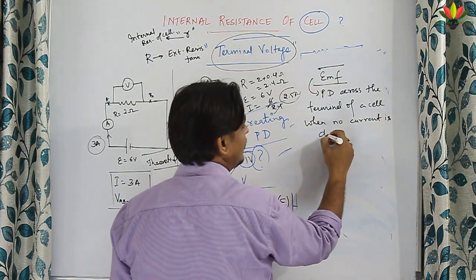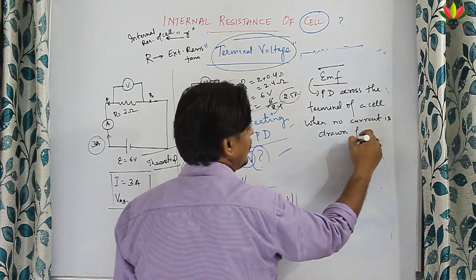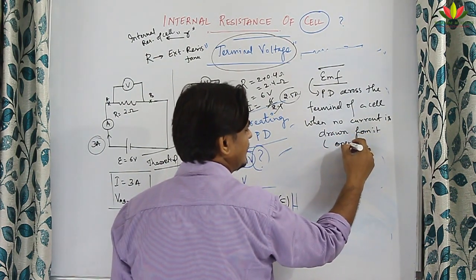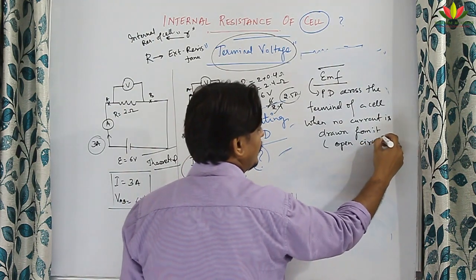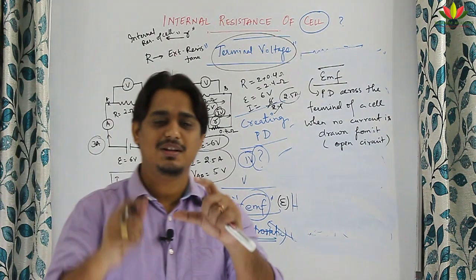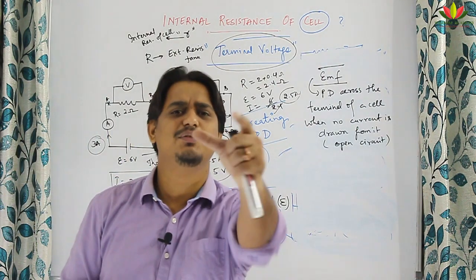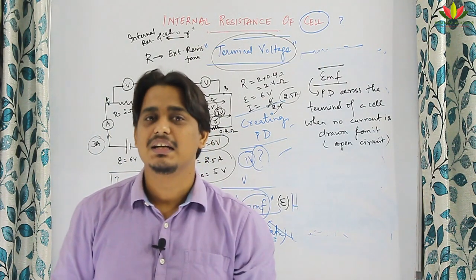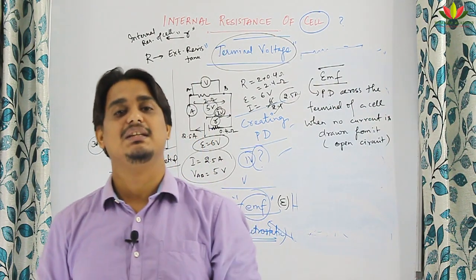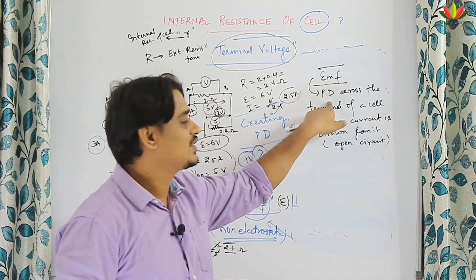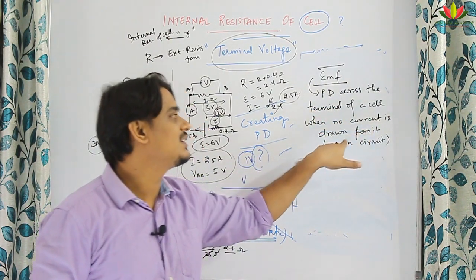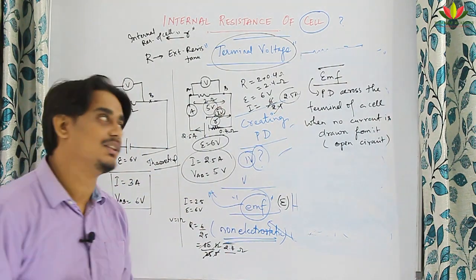That means it is an open circuit, isn't it? That's what we buy from shop. When you go to a shop and buy a cell, they don't connect it in a circuit and give it to you. They will just give you, it will be 3 volt or 6 volt. That is the electromotive force of the cell. That is the potential difference across the terminal of a cell when no current is drawn from it, that is, it is in an open circuit.